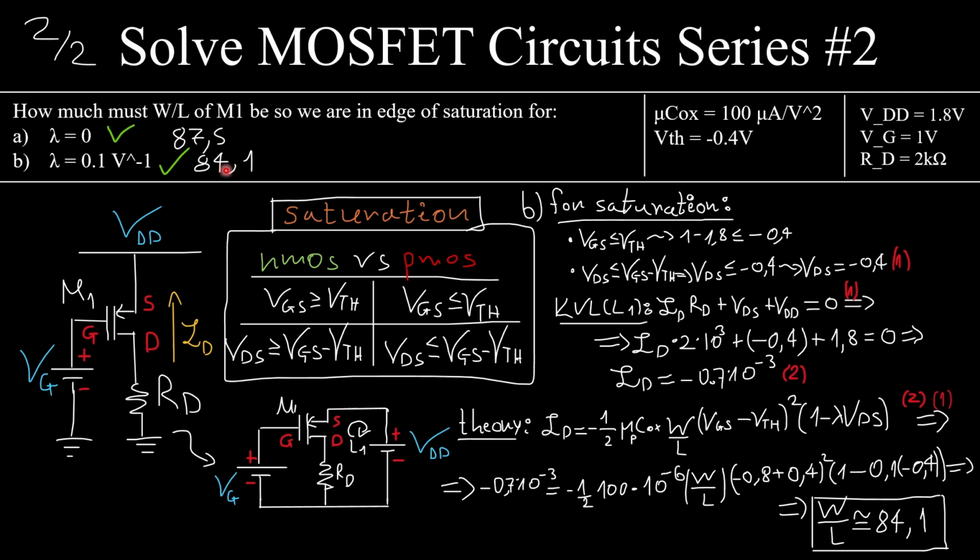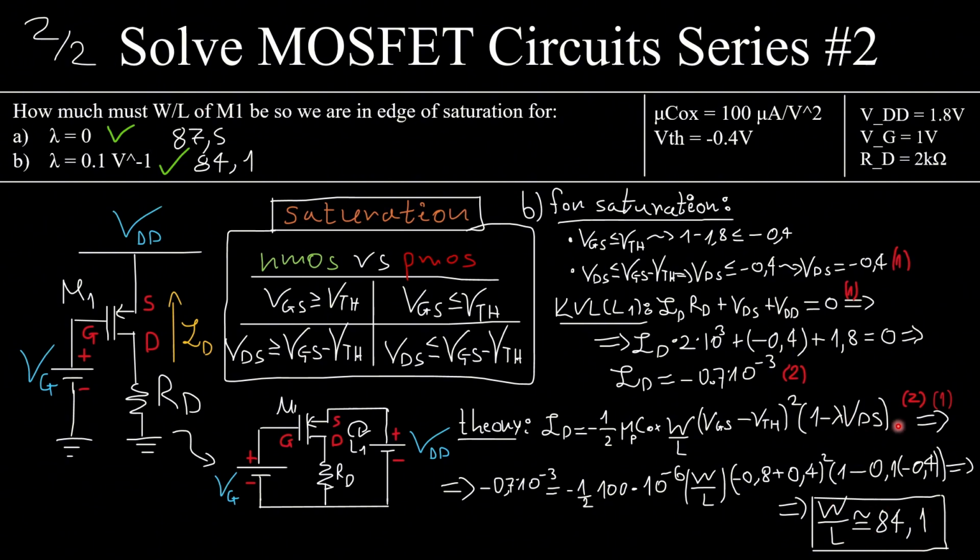So in our saturation, when we put the same voltages over here and over here with the same resistor, it turns out that when we take into account channel length modulation, the dimensions are slightly closer to each other, perhaps a bit easier to make, perhaps a bit cheaper to make, than this.